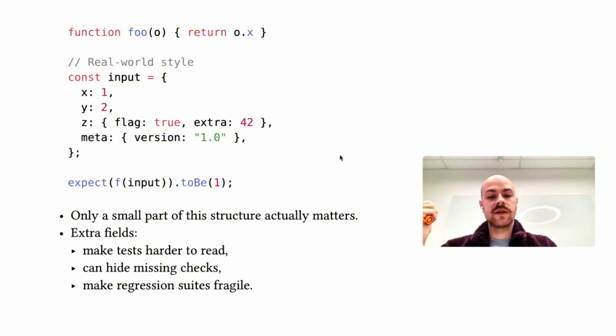It makes tests harder to read, because with more symbols it's harder to understand. It can hide missing checks or missing properties, because if it becomes more complicated, it's harder for you to understand it. And the next one, it makes the regression suite fragile. It means that when you change something, this test might break, not because its checks are broken, but because of some accesses or something like this.